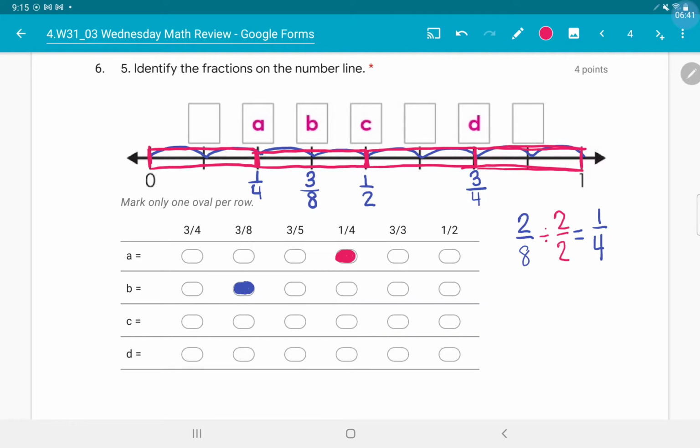How did you know that C was going to be a half? How would we know C was 1/2? Alexis? C is 4/8. What do you know about the relationship between 4 and 8?